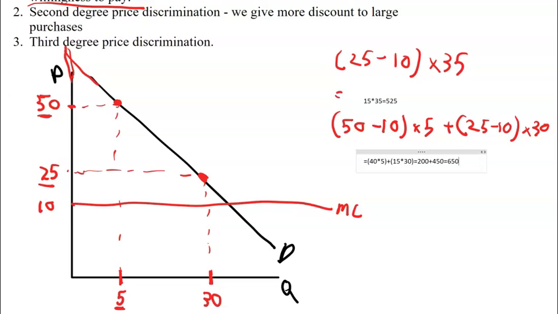So I get a much higher profit if I provide discounts. So instead of $525, I can earn $650.